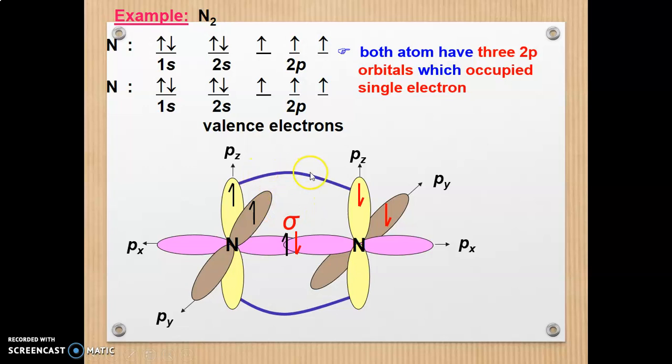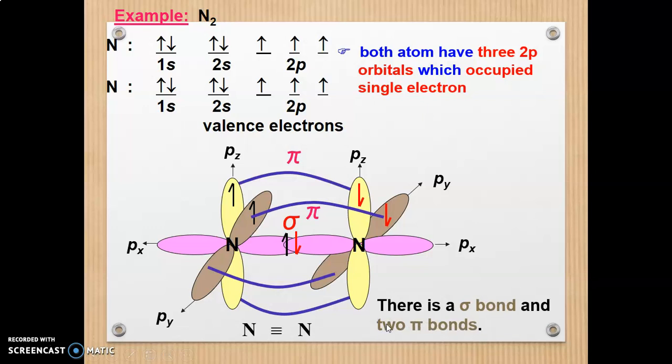So pz overlaps side by side to form the pi bond. Py also overlaps side by side to form pi bond. So for N2 nitrogen, there is a sigma bond and 2 pi bond.